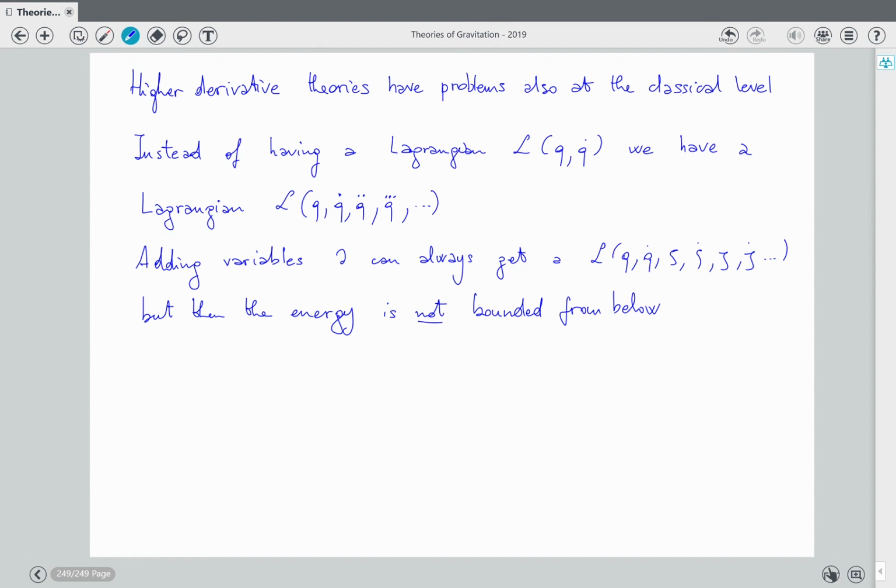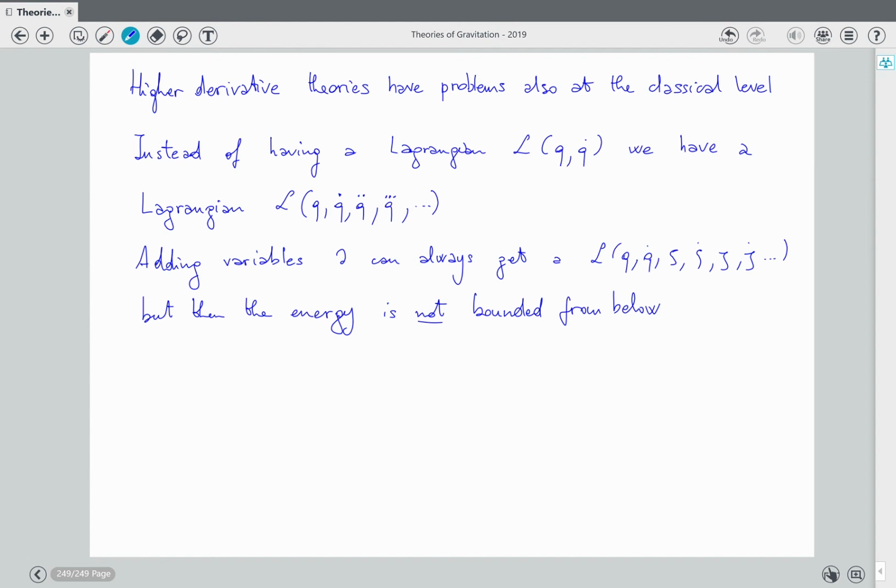And so you have an instability. It means that you cannot have an evolution towards a state of equilibrium with minimum energy, because there is no minimum energy. You will have a totally unstable system or universe.